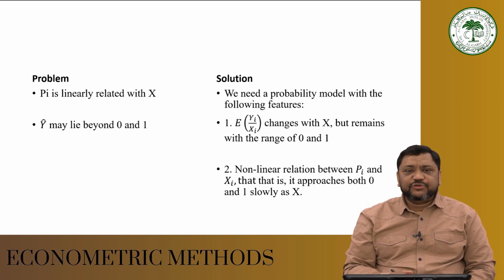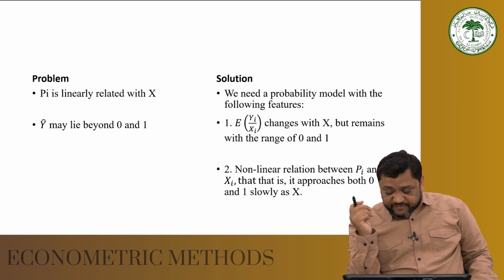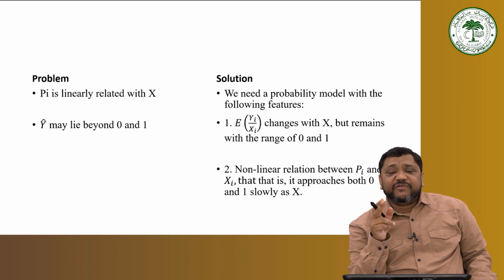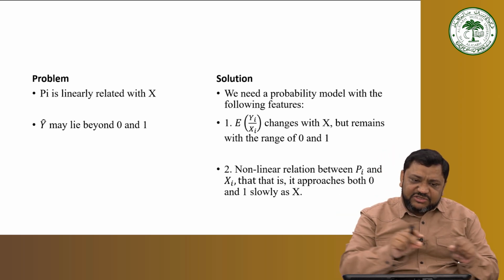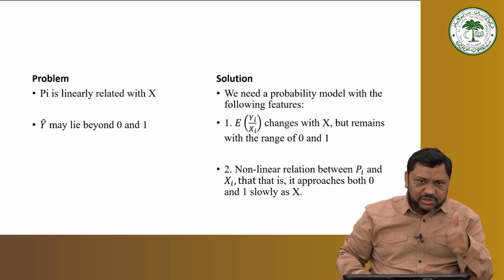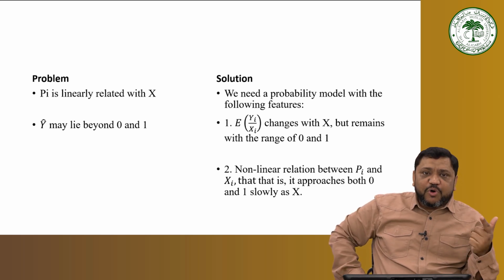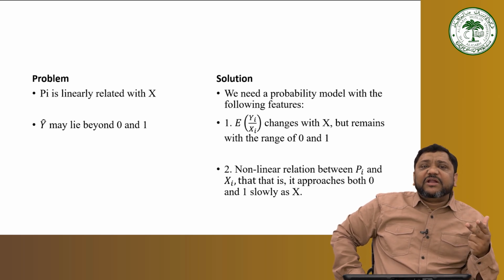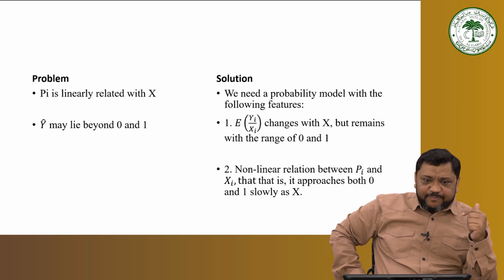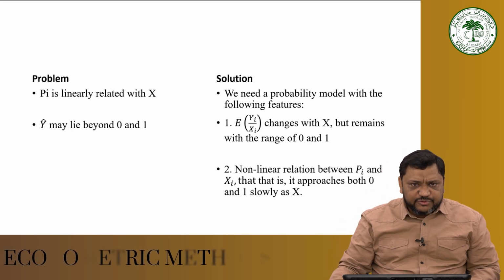So the solution to these issues is that we need a different type of model where the expected value of y given x changes with x, but it remains within the range of 0 and 1. This is the first thing. And second, this model should incorporate the non-linear relationship between pi and xi, so that it approaches both 0 and 1 slowly as x moves.